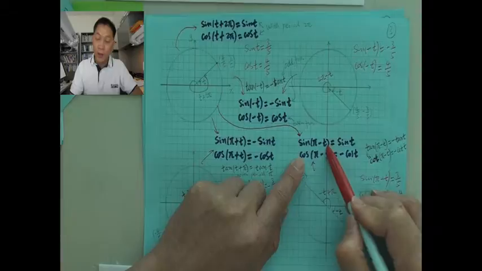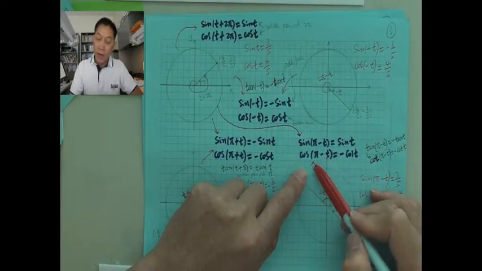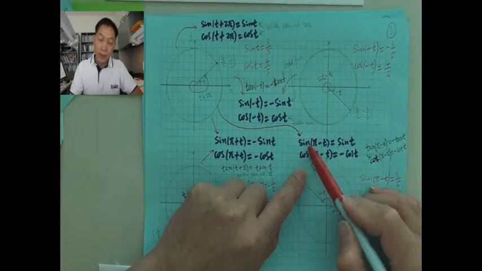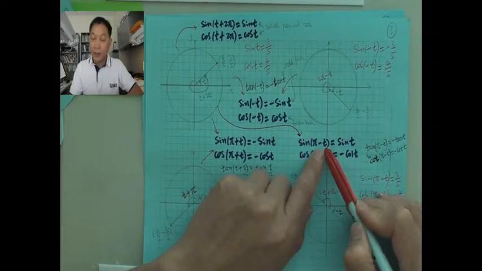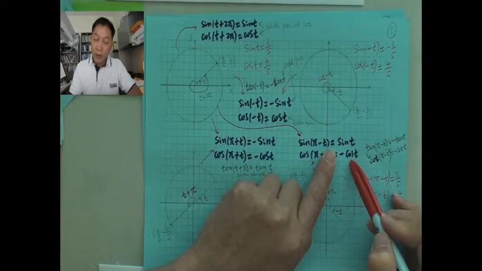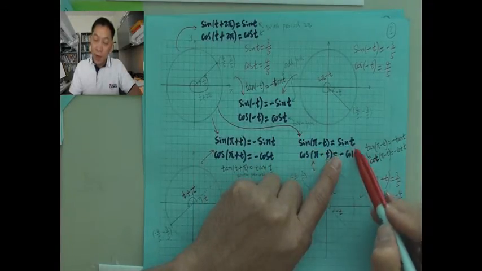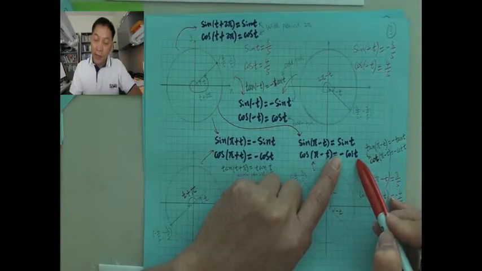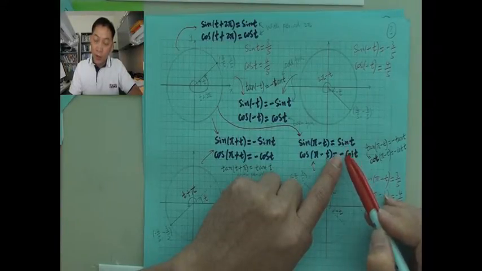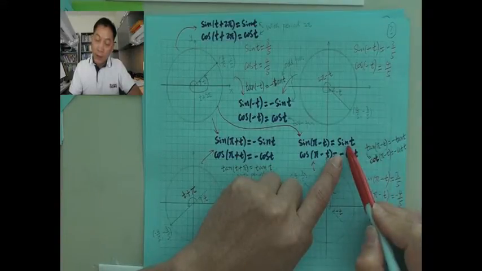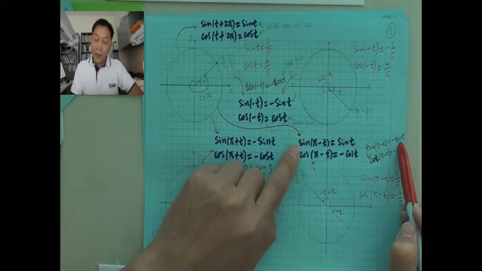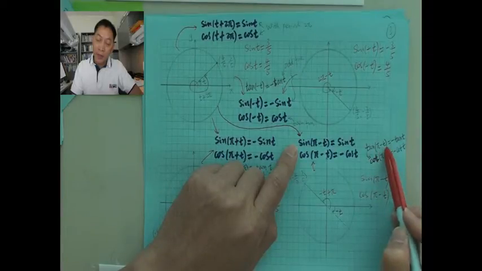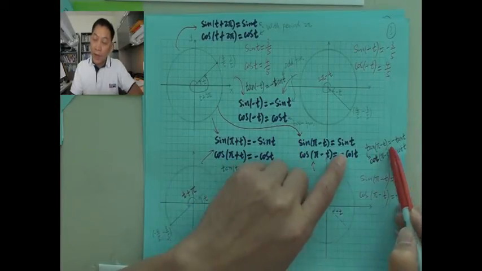Tangent pi minus t on the left hand side equals, on the right hand side, sine t over negative cosine t, and positive over negative is negative, and sine t over cosine t is tangent t, so negative tangent t. So tangent pi minus t equals negative tangent t.